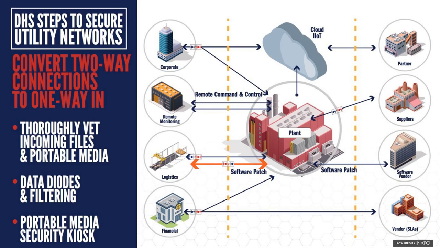So now if we look at the two-way connections into the network. Maybe I've got some software, I need to do a patch on one of my machines and get it up to date. Again, the DHS recommends you make that a one-way only transaction. So you validate, verify, or authenticate that software that needs to be pushed into the plant.